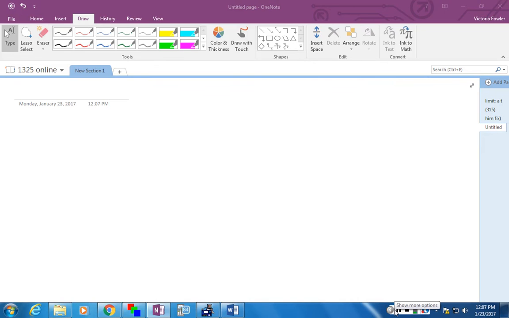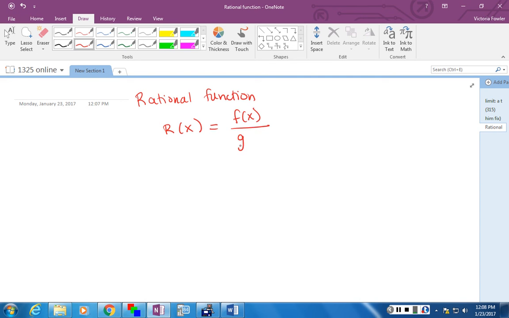So as you start getting into doing more and more examples, the most difficult ones seem to be these rational functions, right? They look like fractions, and those tend to scare students. But I'm going to say that we can in general talk about 3 cases. So let's say a rational function is defined as, let's call it capital R of x, and we'll say it's got f of x in the numerator and g of x in the denominator.